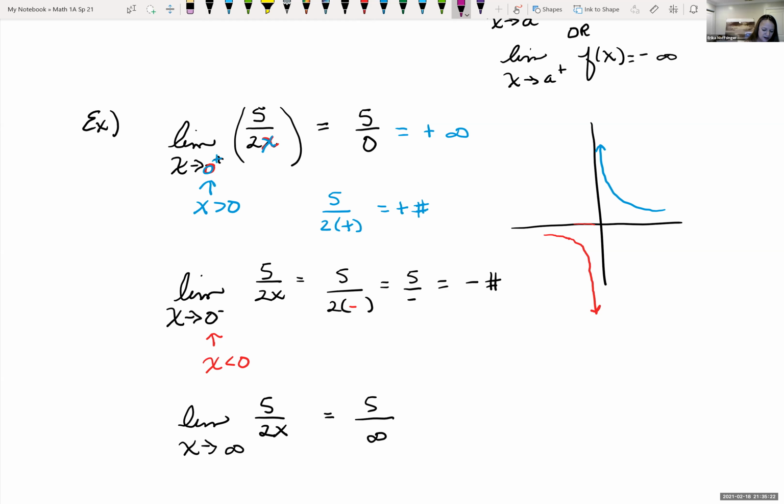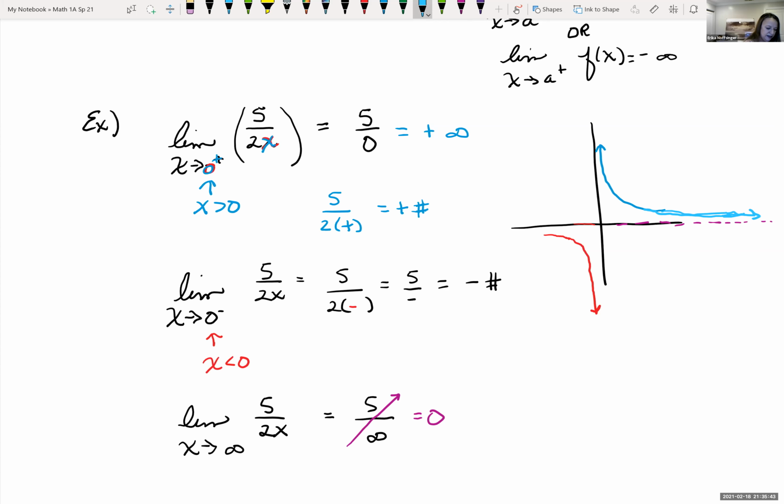But remember, a number over infinity goes to 0. So we have this horizontal asymptote here at 0. It's going to be getting closer and closer to 0 as x goes to positive infinity.